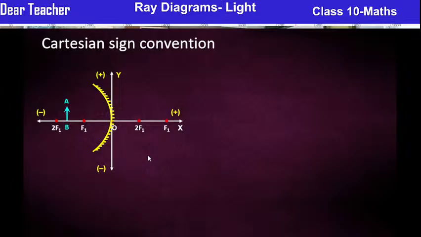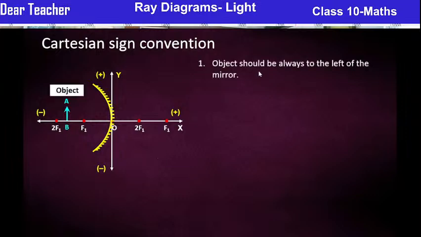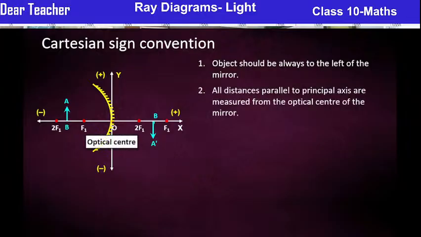The object distance is also negative here. This is the object. The object distance is between the object and the mirror, so it is also negative. The object should always be on the left side of the mirror, whether it is concave or convex. All distances parallel to the principal axis are measured from the optical center.